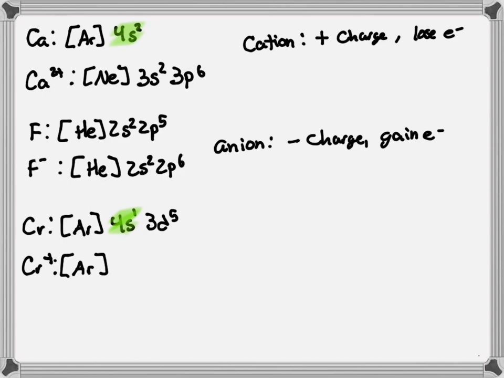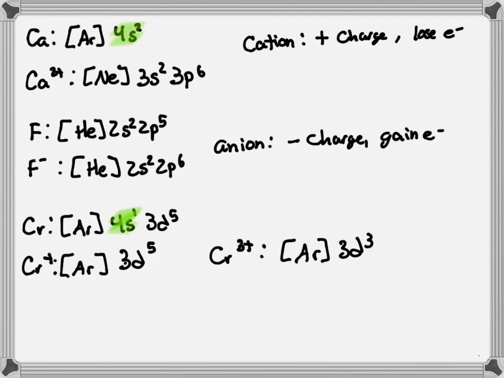So my chromium with a +1 charge is a 3d5. So I always lose my s electrons first. Now I can lose d electrons. Let's say I have a chromium that's a +3. It'll be argon. I'll lose that 1 4s electron and 2 d electrons. It'll be 3d3 because I've lost 3 total electrons.